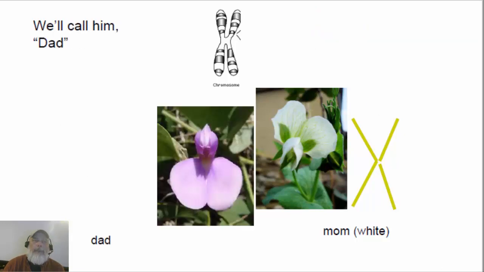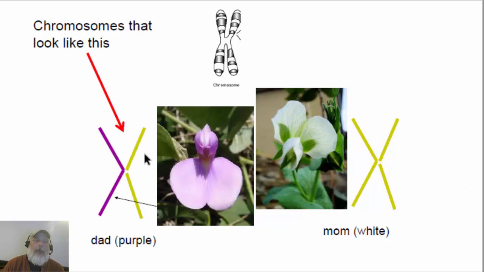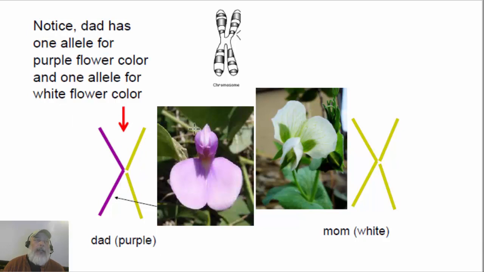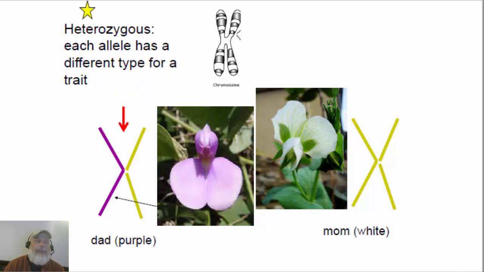Here's another flower, and this flower we're going to call Dad. Dad has purple flower color and chromosomes that look like this. So there's a purple allele and there is a white allele. Notice Dad has one allele for purple flower color and one allele for white flower color.